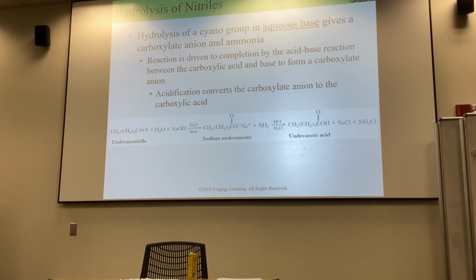There's just no way to form the anion directly, because we're not going to have O2 minus just floating around by itself, right? So you're going to form the carboxylic acid and then deprotonate, and that deprotonation is what drives this reaction to completion.